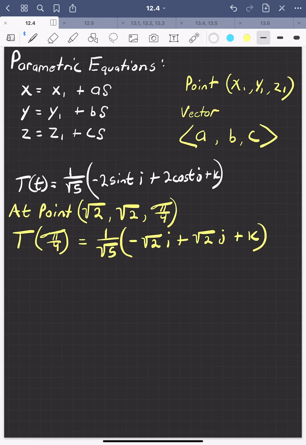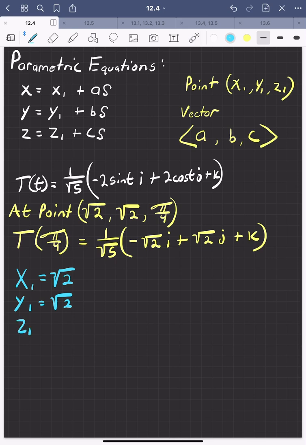So ready? Let's go ahead and list. x sub 1 is equal to the square root of 2. y sub 1 is going to equal the square root of 2.